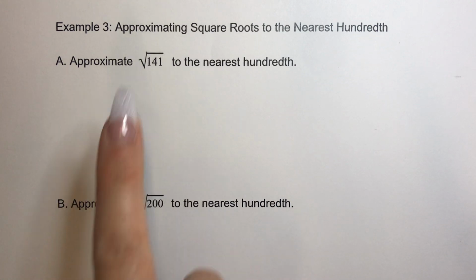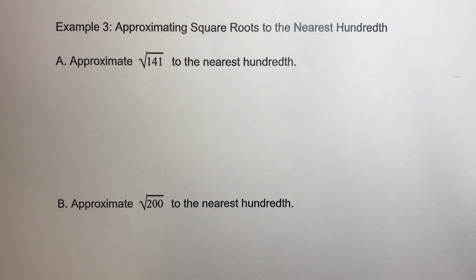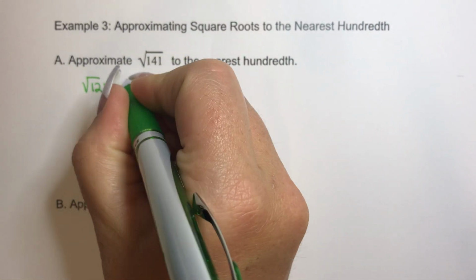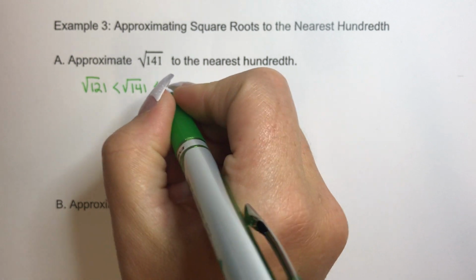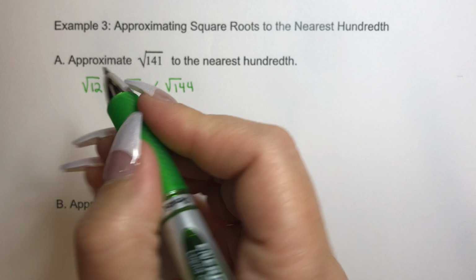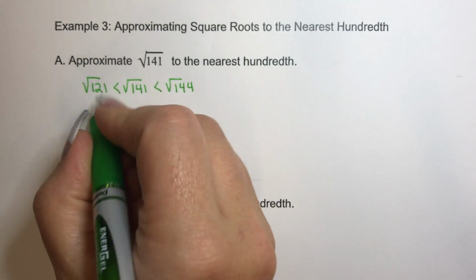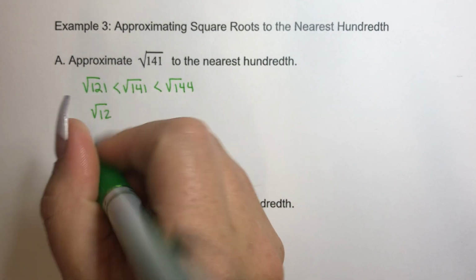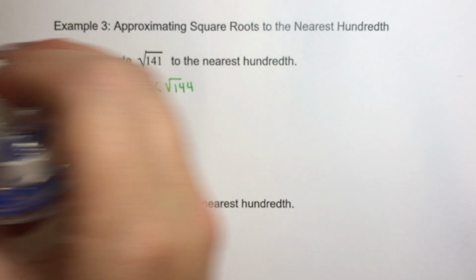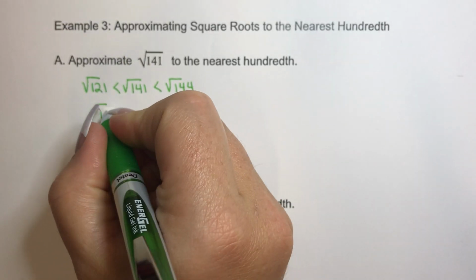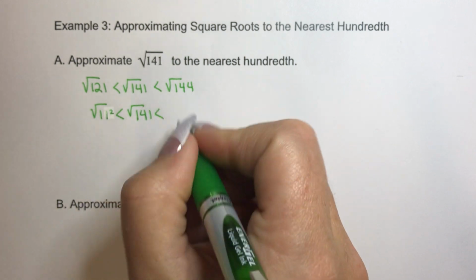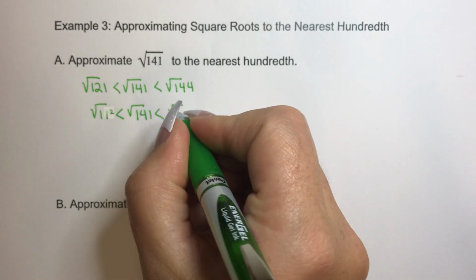So 141 would be between the square root of 121 and the square root of 144, right? We can't figure these out directly, but we know that 121 is the same thing as 11 squared, not 12, and 144 is the same thing as 12 squared.